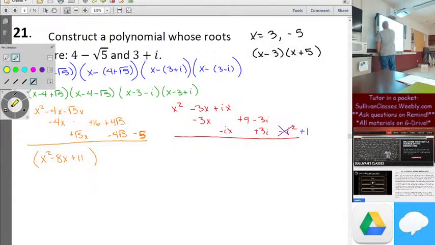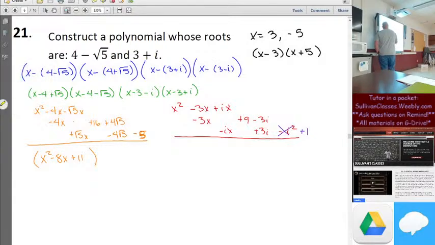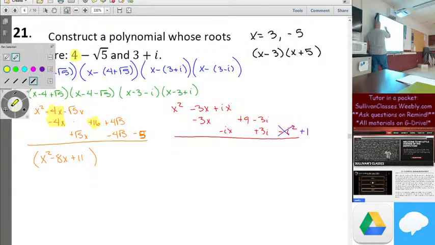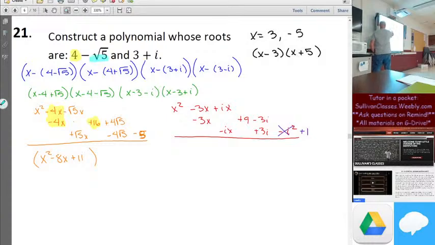You notice that in both of these, whatever this term was, you had 2 of them, and you had it squared. Whatever the combinations of them were, they canceled out.